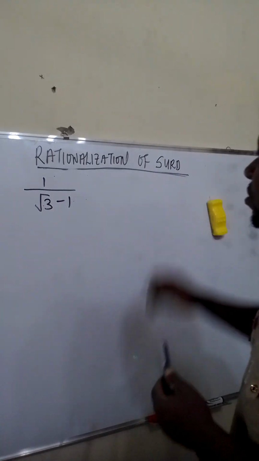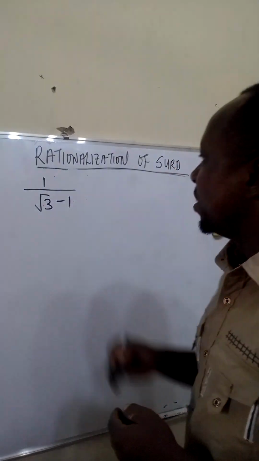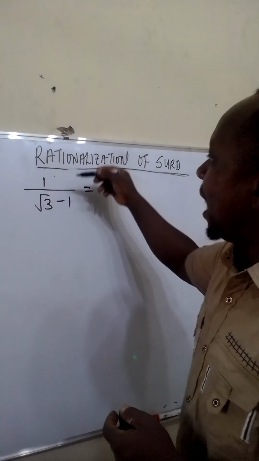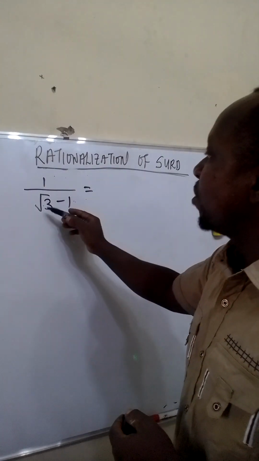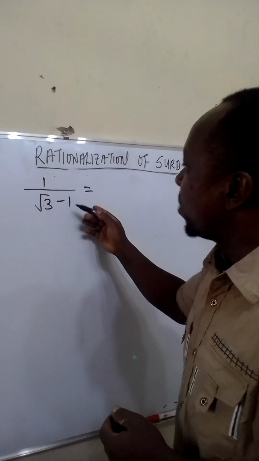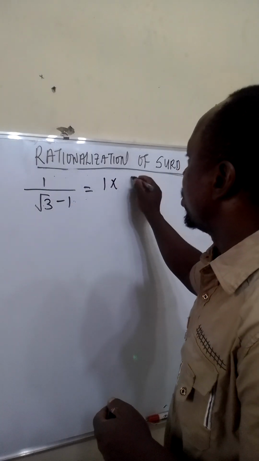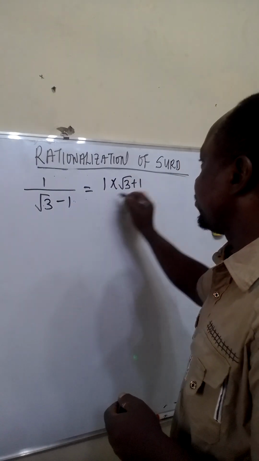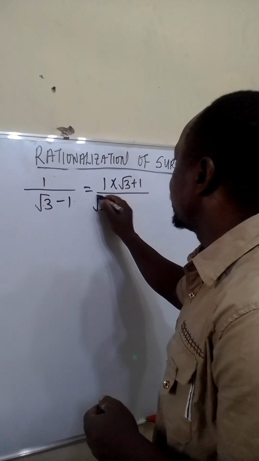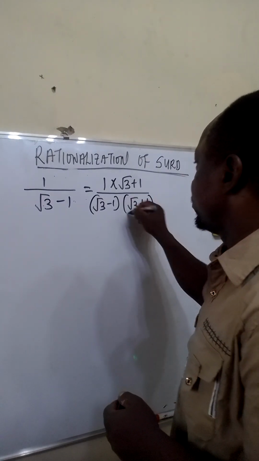Back to our question. We are asked to rationalize 1 over root 3 minus 1. Now, we are going to be multiplying both the numerator and the denominator by the conjugate of root 3 minus 1. And I said the conjugate of root 3 minus 1 is root 3 plus 1. This implies we are going to multiply 1 by root 3 plus 1 over root 3 minus 1 times root 3 plus 1.